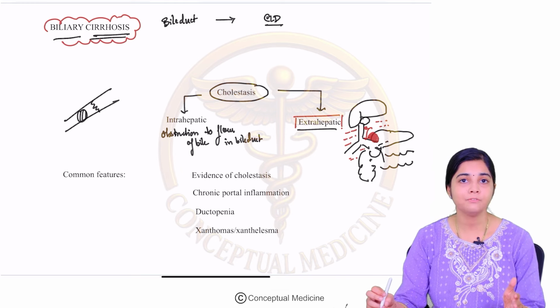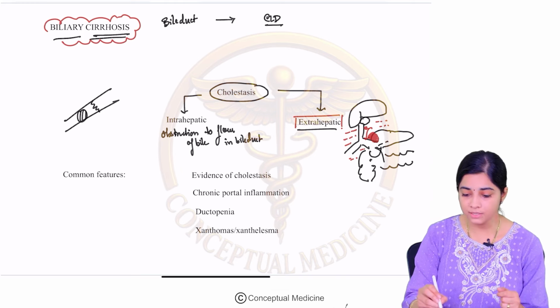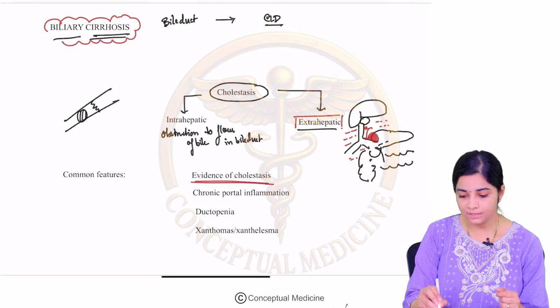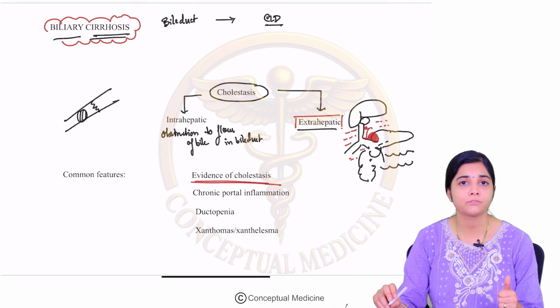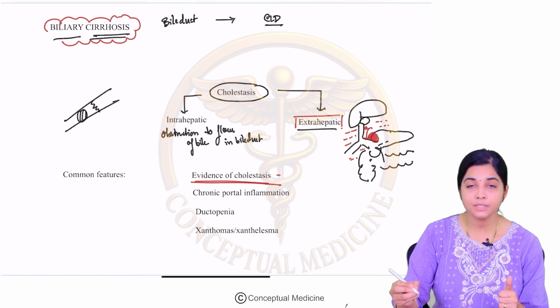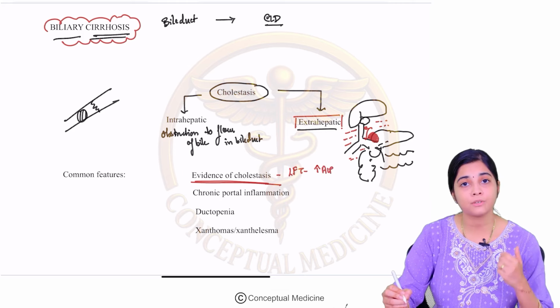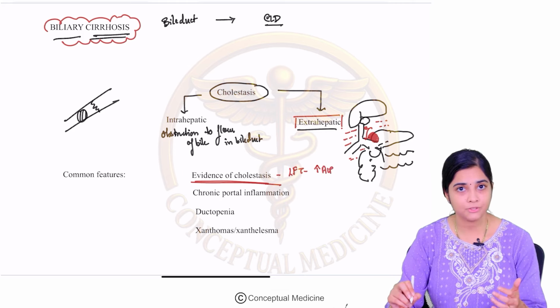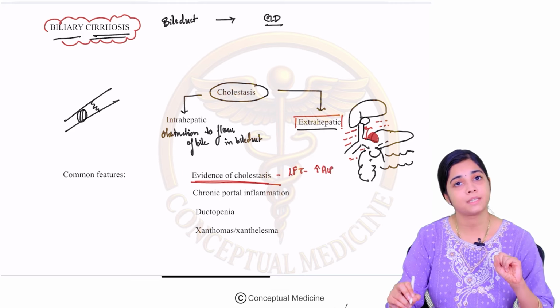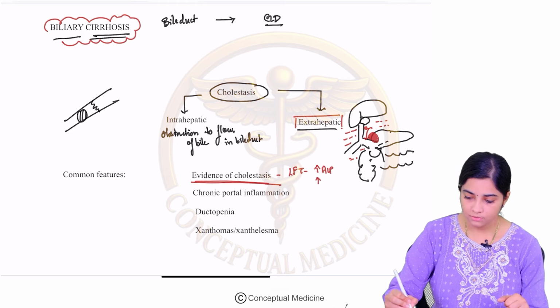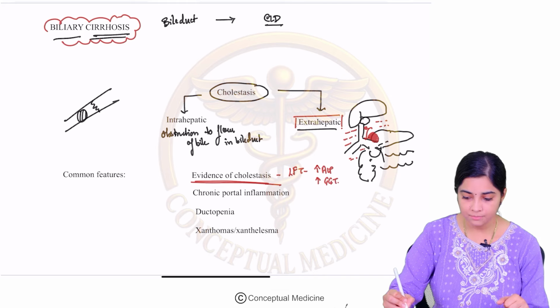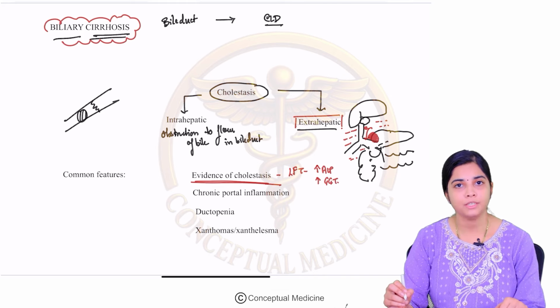The common features of biliary cirrhosis: the first is evidence of cholestasis. How would you look for evidence of cholestasis? On the LFT, you are going to find a raised alkaline phosphatase, because we have learned in our approach to LFT chapter that ALP denotes cholestasis. So ALP and GGT will be elevated in your liver function test.